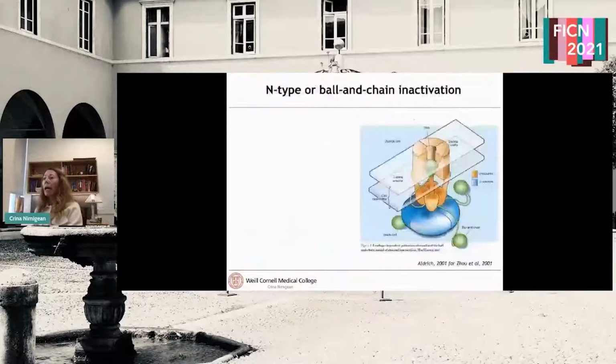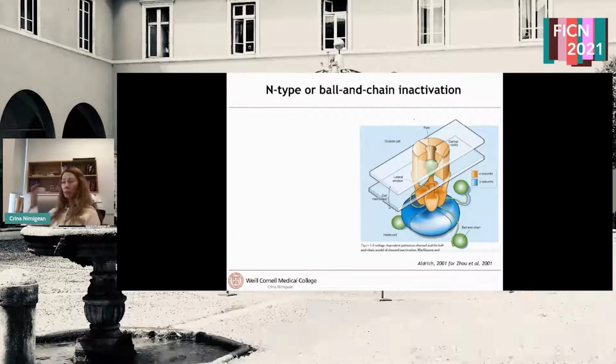After many years of studying N-type or ball and chain inactivation in potassium channels, the most recent findings were from Zhu and McKinnon in 2001, which were commented on by Rick Aldrich also in 2001.